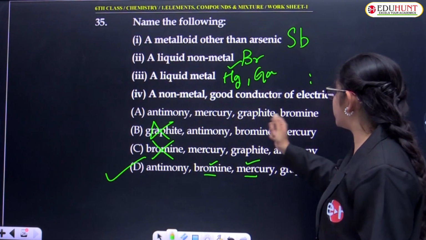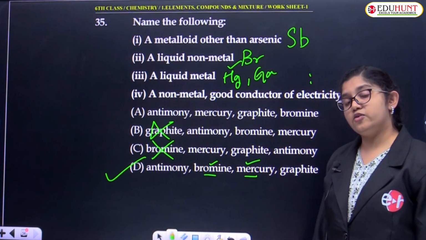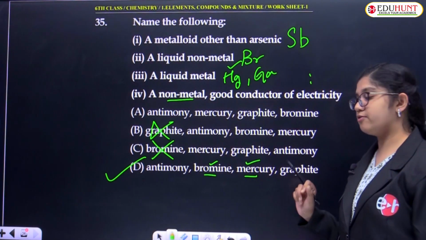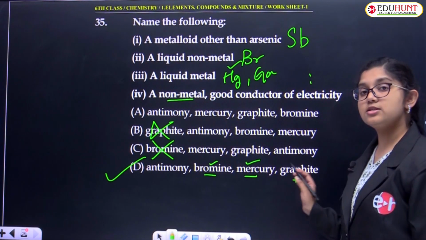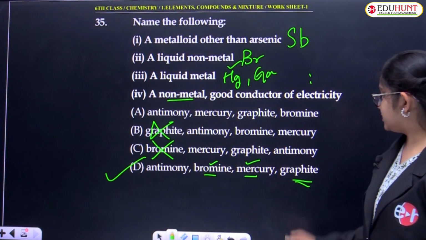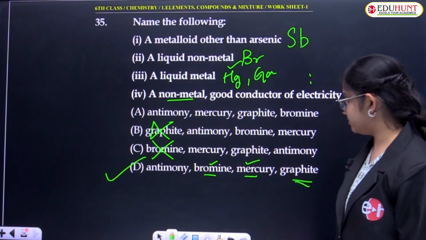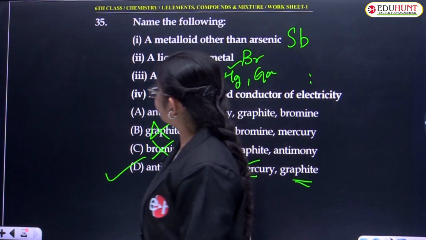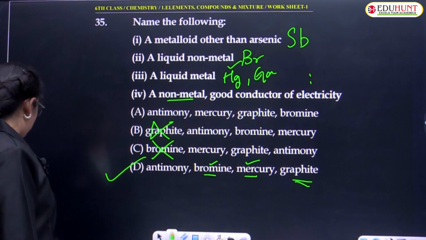A non-metal good conductor of electricity: non-metals are generally bad conductors, but the exception is graphite, made up of carbon. So option D is right. Here ends the level 4 questions. Moving next to level 5.